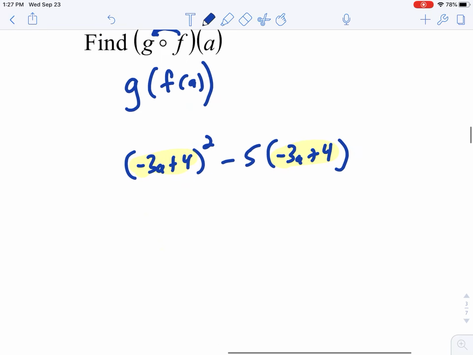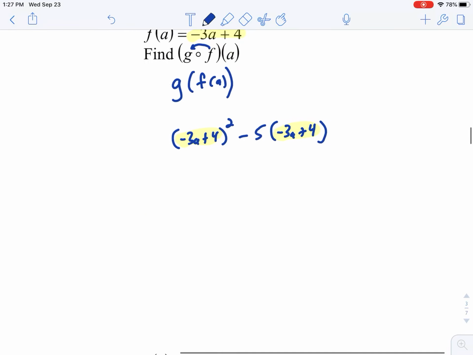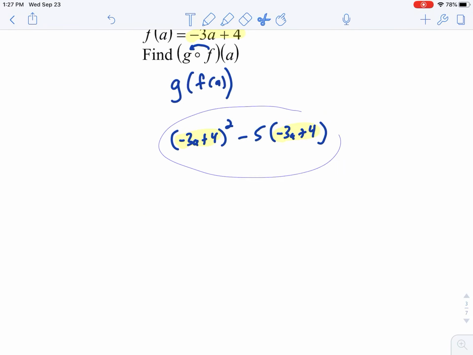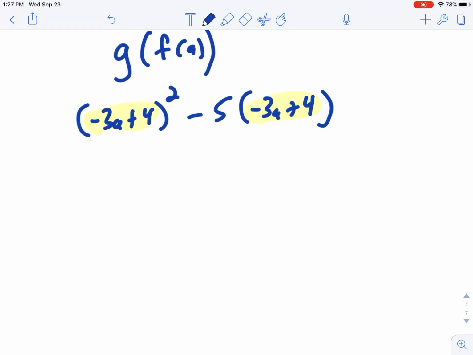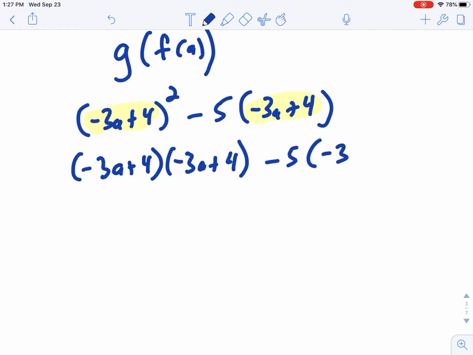Now we need to simplify this, and that is going to be easier said than done. In fact, it's a good thing I gave myself a little bit of room here. Negative 3a plus 4 squared means negative 3a plus 4 times negative 3a plus 4, minus 5 times negative 3a plus 4. So when you square something, you multiply it by itself.